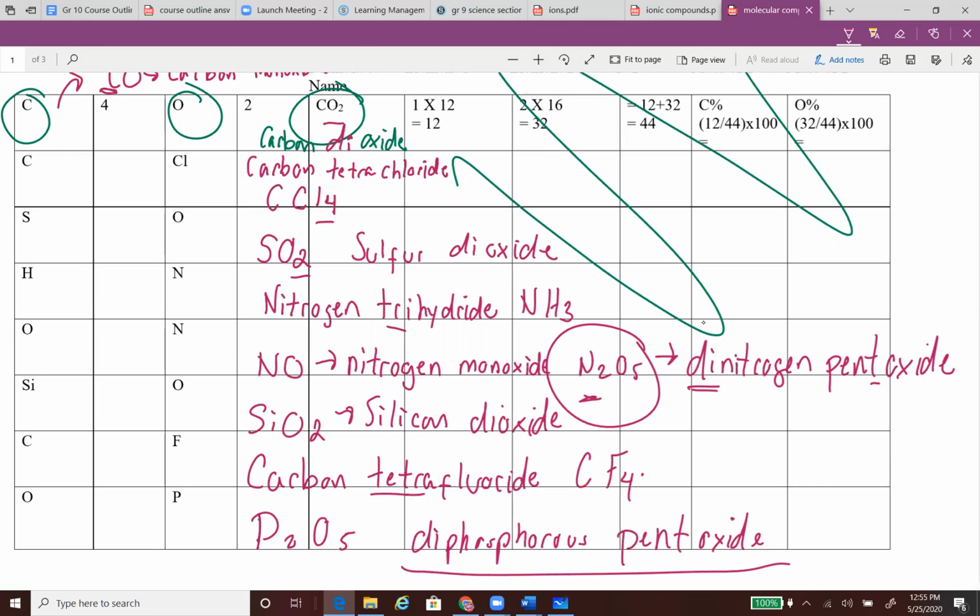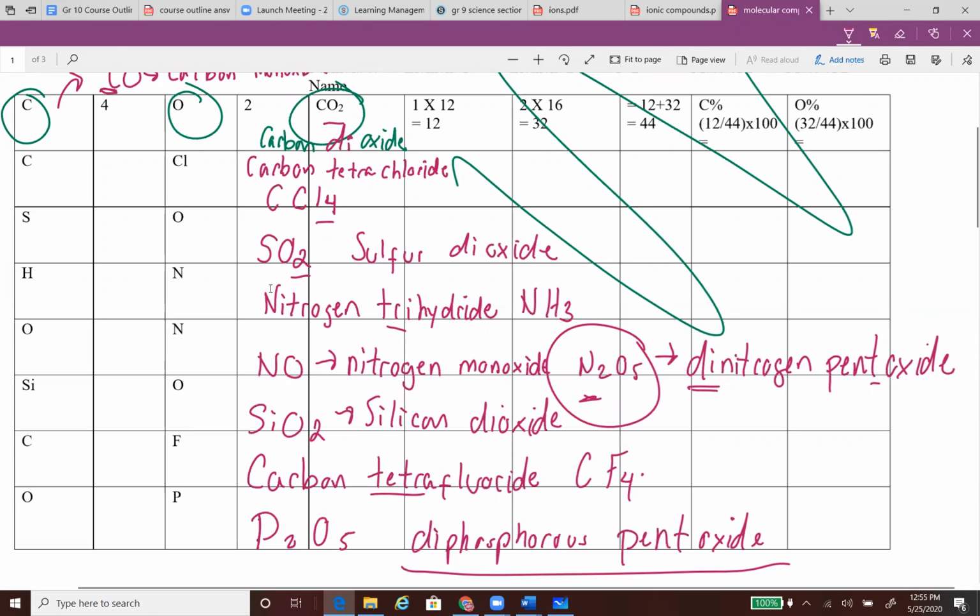So you can see that there are some rules to this. It's trickier because there's some variation with the way you name the molecular compounds. Ionic compounds are always easier to predict. But I guess what's nice about the molecular ones is because the prefix, if you're given the prefixes, you know what the formula is, right?